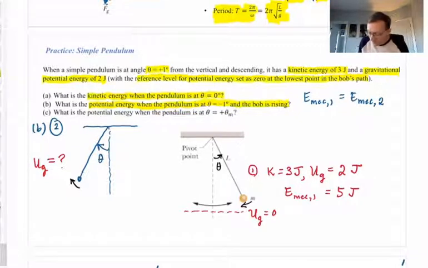Now, when I had a theta of 1 degree on the right side, that's the picture over on the right, I'm told the U grav is 2 joules. It doesn't matter then whether the pendulum's on the right side of vertical or the left side of vertical.